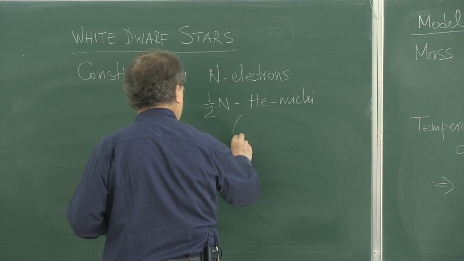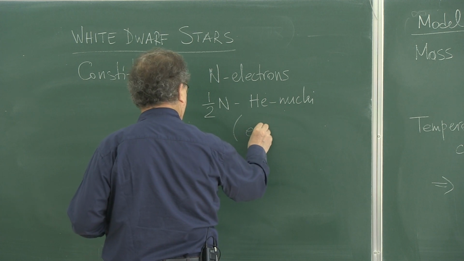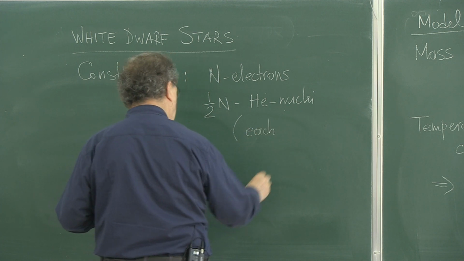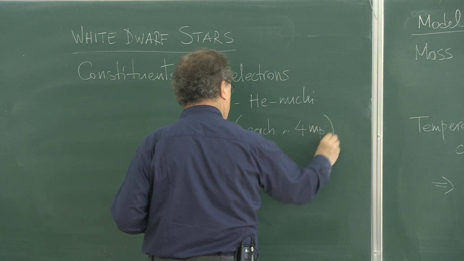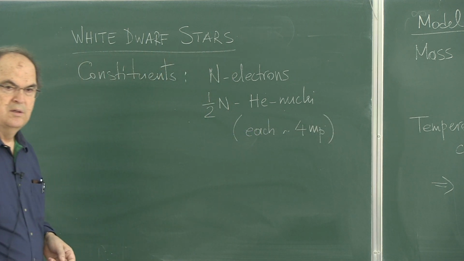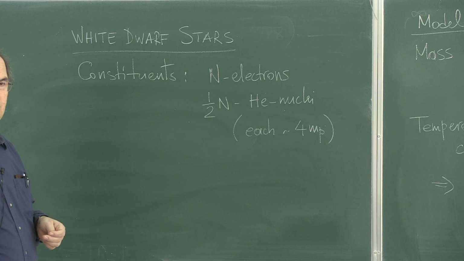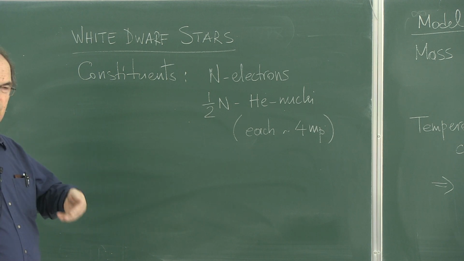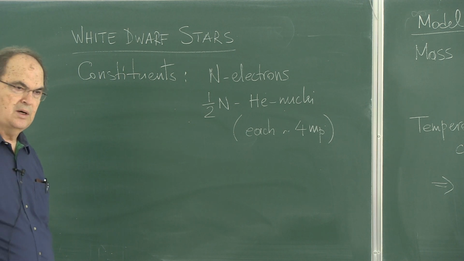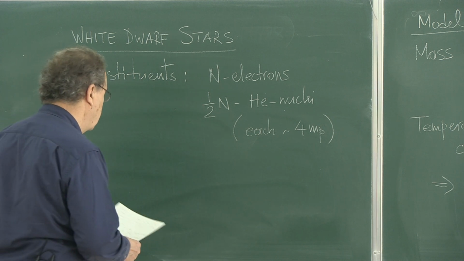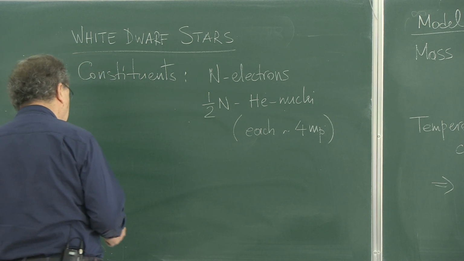Now each of these helium nuclei has a mass of approximately 4 proton mass. Why? 2 protons, 2 neutrons. Electrons are very light, so you don't have to count them. So that's the mass.